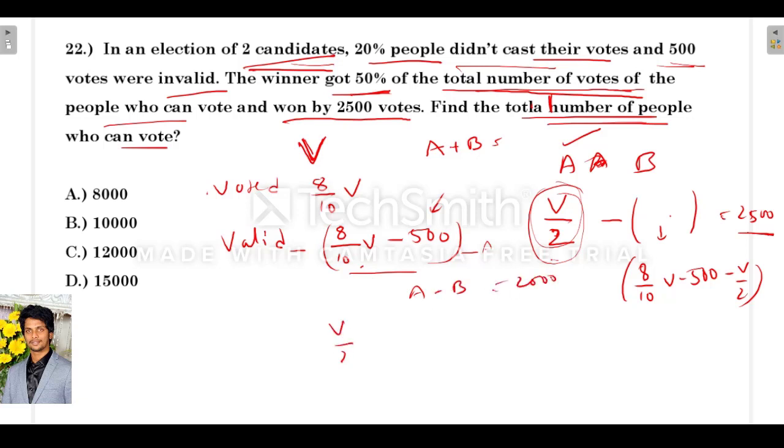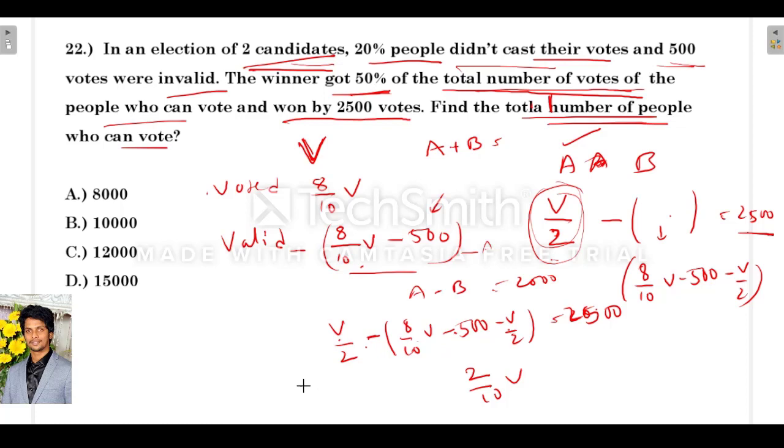So V by 2 minus, 8 by 10 V minus 500 minus V by 2, is equal to 2500. So this V by 2 minus into minus is plus, right? So V by 2 plus V by 2 is V, and V minus 8 by 10 V is 2 by 10 V. If we take this V by 2 out, minus is there, so minus into minus is plus.